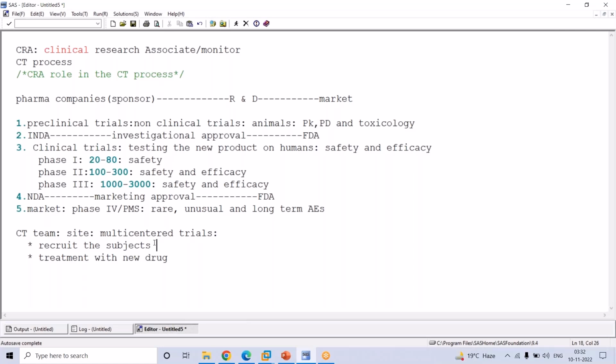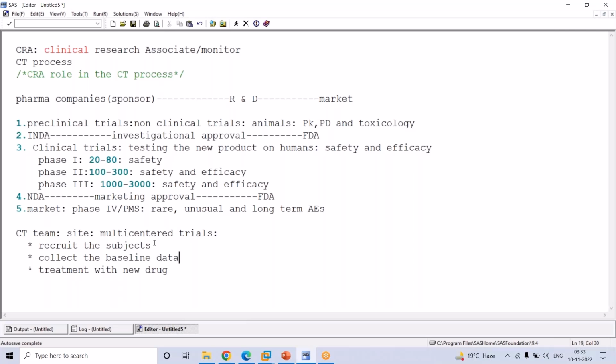But before we start treatment, they should collect the data. This data is called baseline data. What is baseline data?